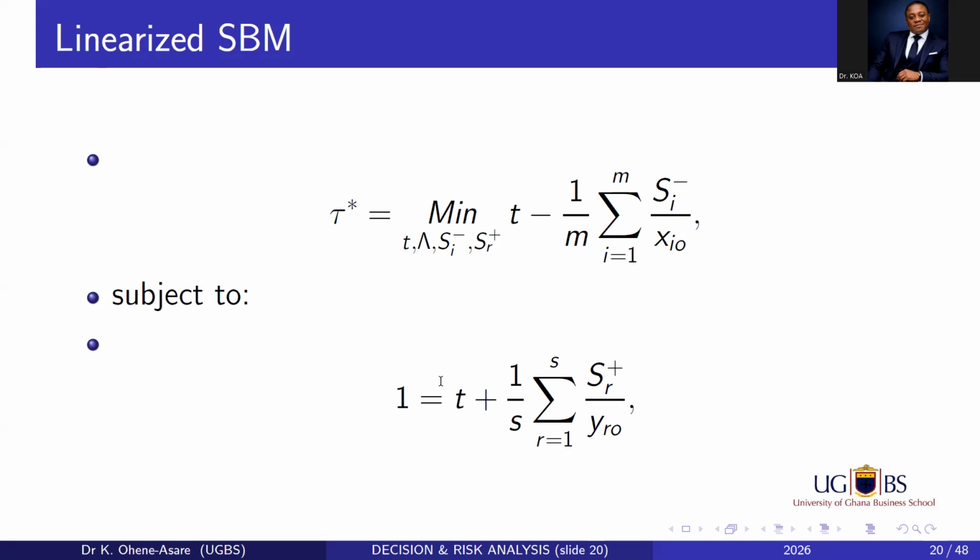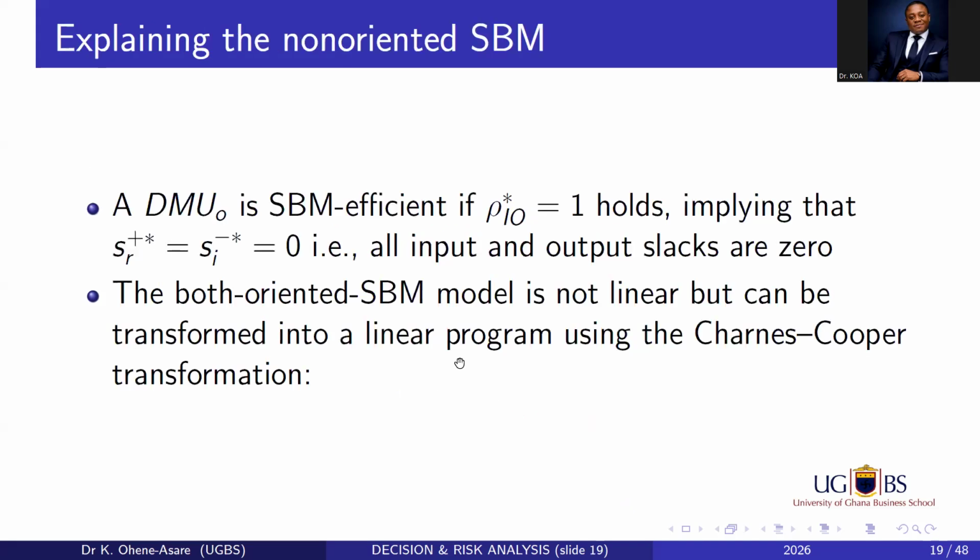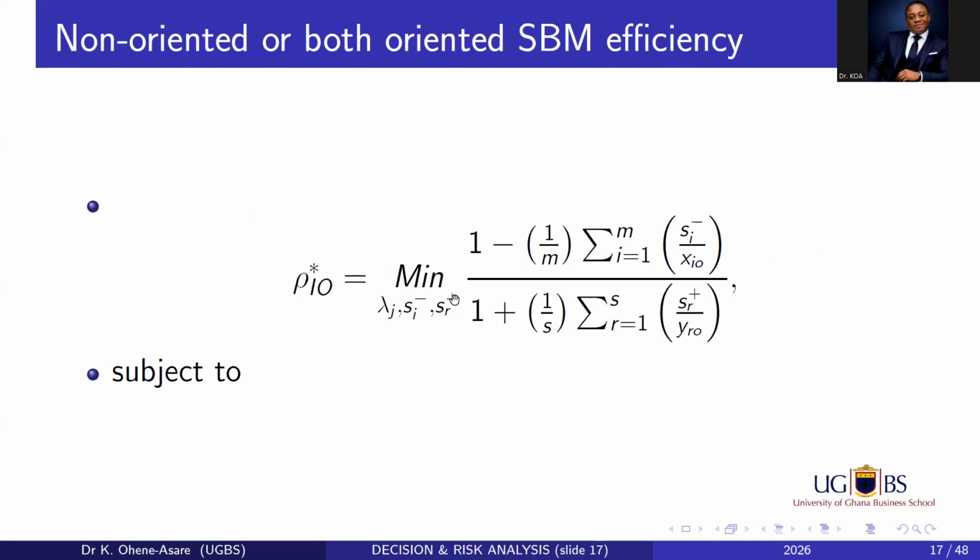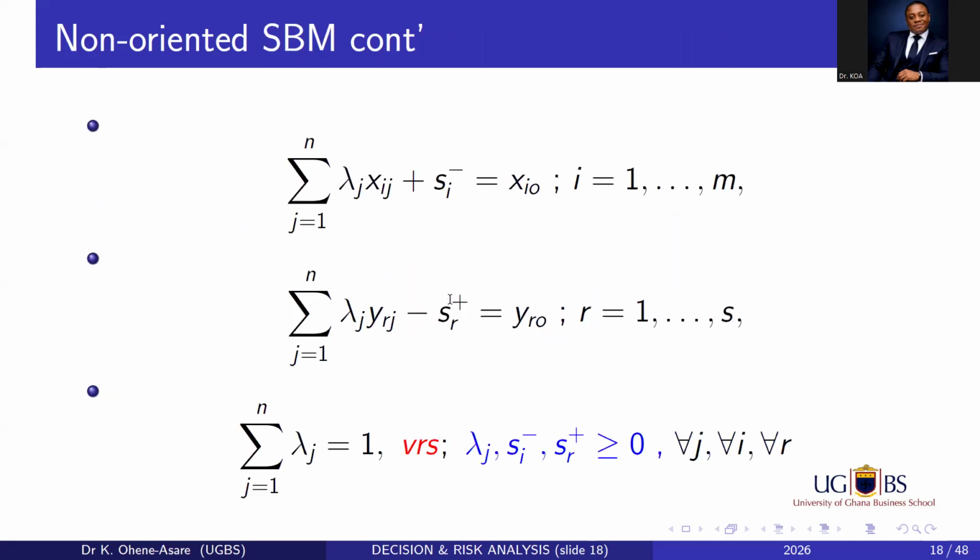It's just like the original CCR model that we spoke about. You set the denominator here equal to 1, and then you will address only the numerator. You will minimize the numerator.